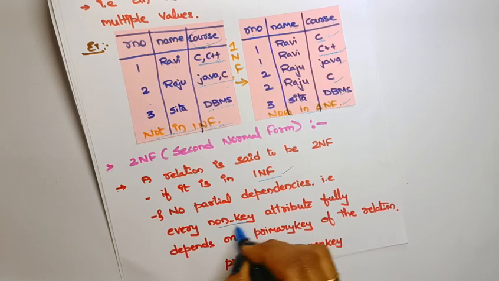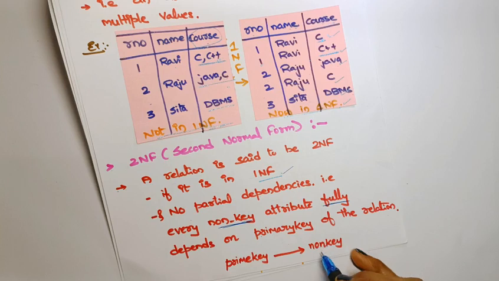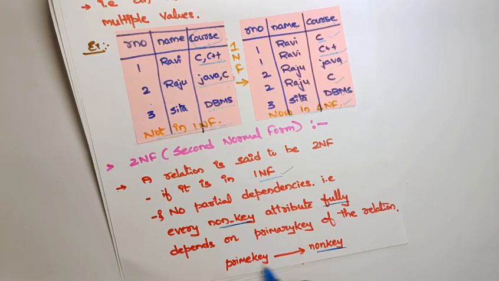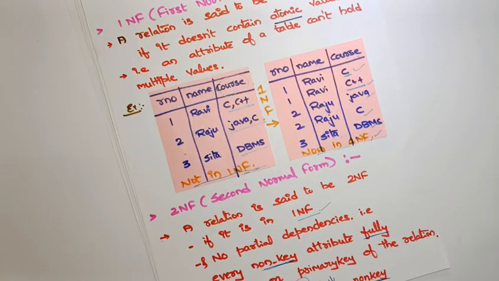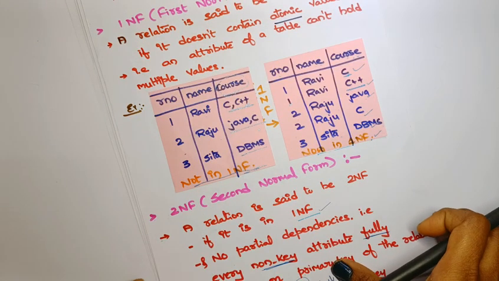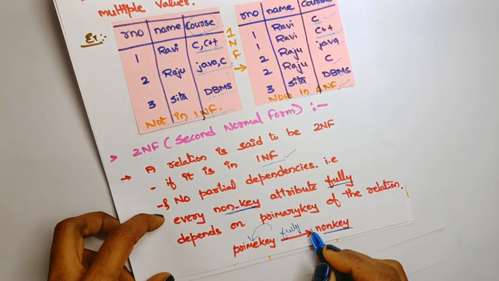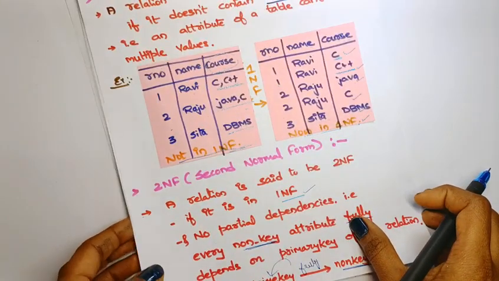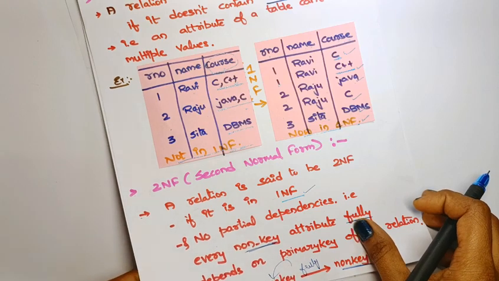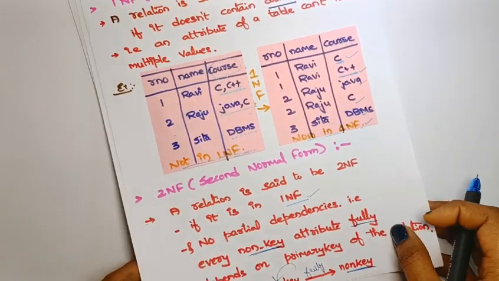So here, the non-key attribute fully depends on the primary key attribute. We will see with an example. First you should understand what is full dependence, partial dependence, what is a prime key attribute, non-key attributes. By seeing that, you can understand this 2NF easily.